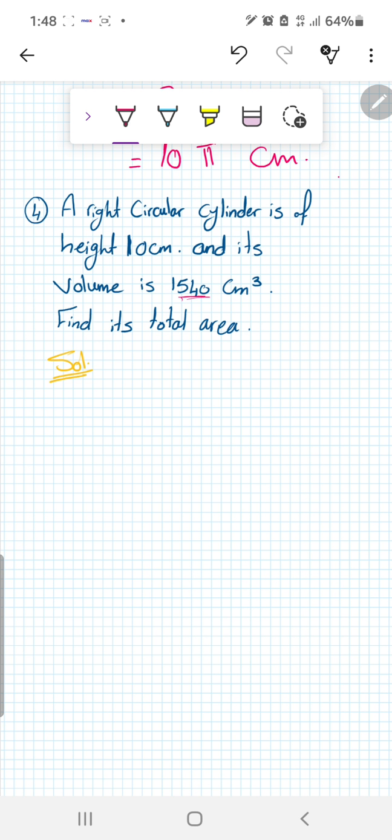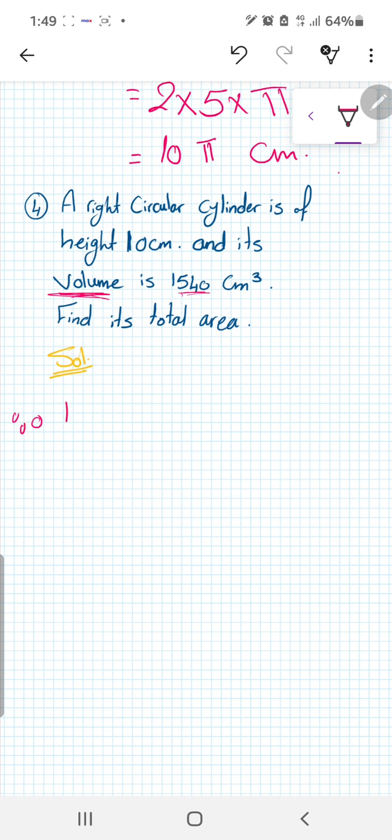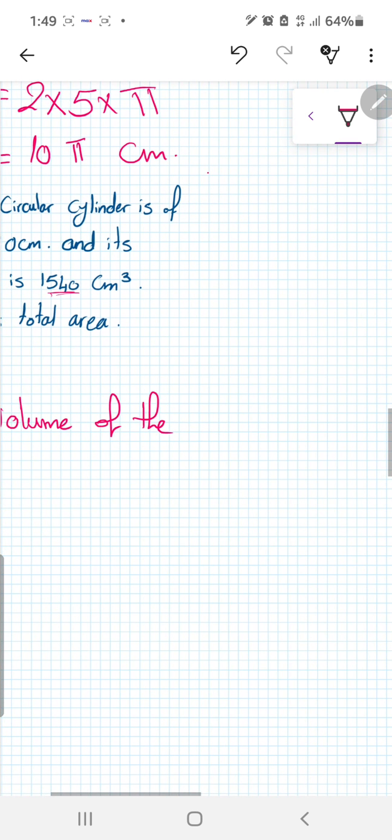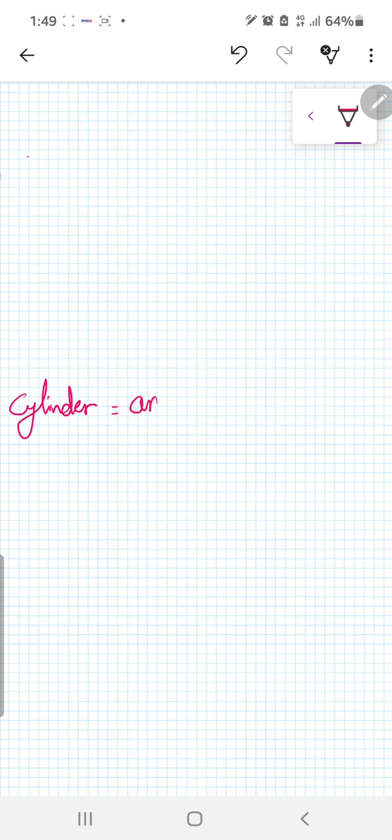Okay, here we have the volume. So first write the volume of the cylinder. Since the volume of the cylinder is area of base times the height. Area of base, which is base here in the cylinder, is circle.